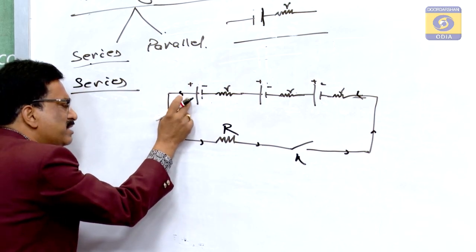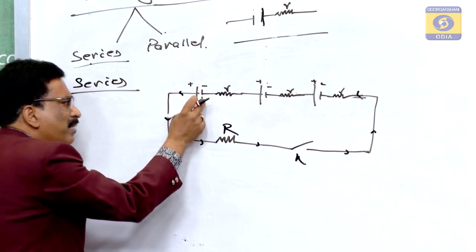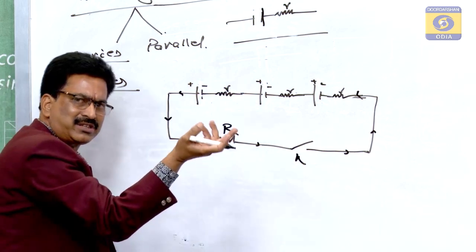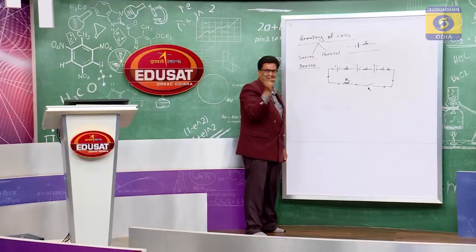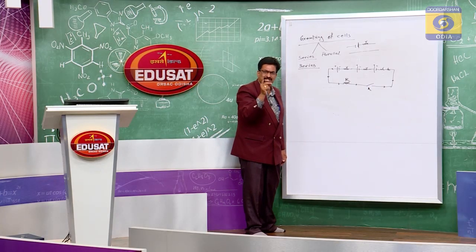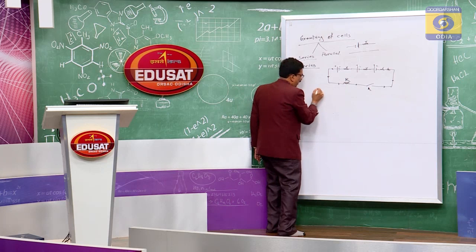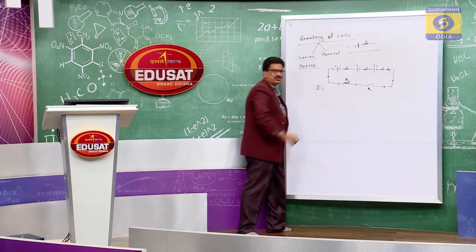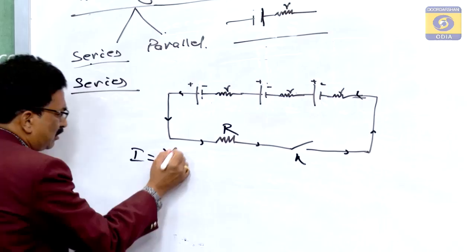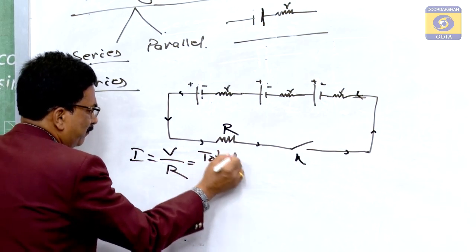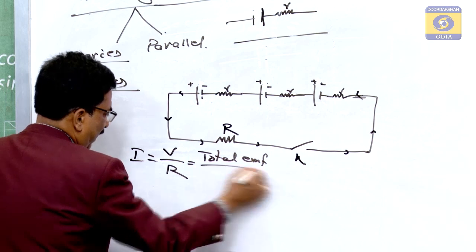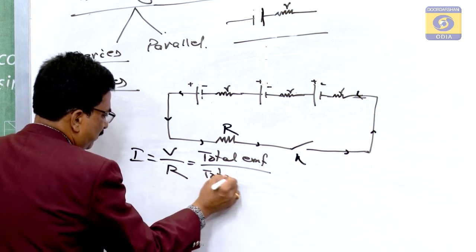If I take this as negative and this as positive, the direction will be different. That depends upon the arrangement of the cell's terminals. So if the current flowing here is I, then I equals V by R, where V is the total EMF and R is the total resistance.